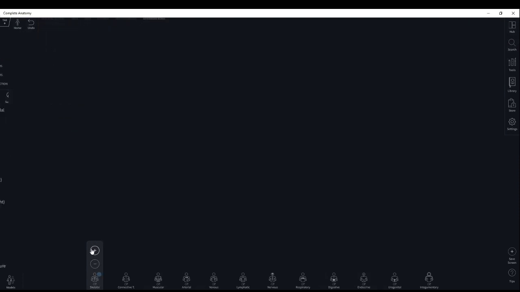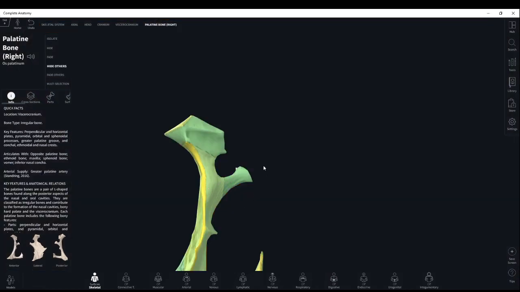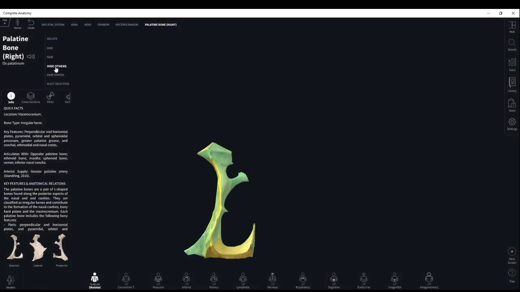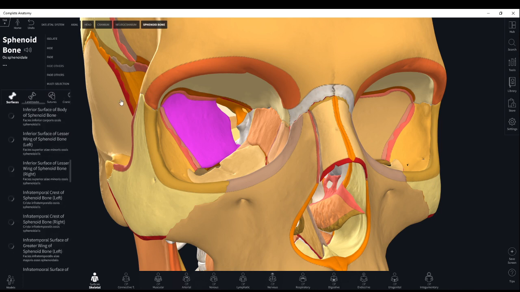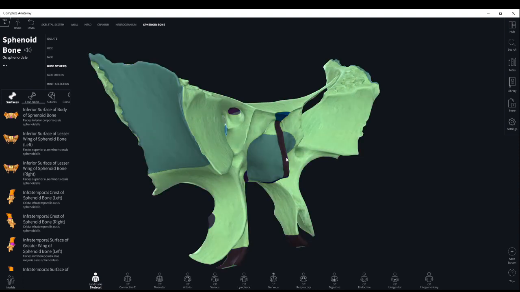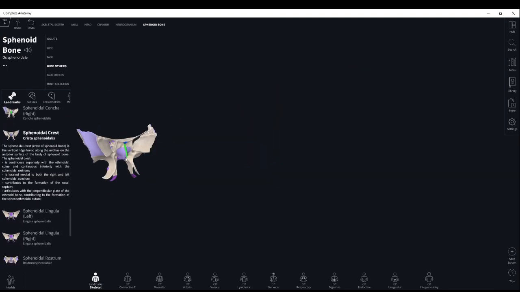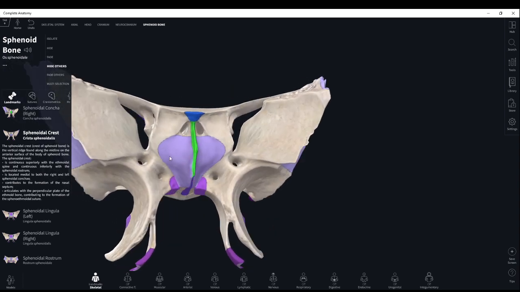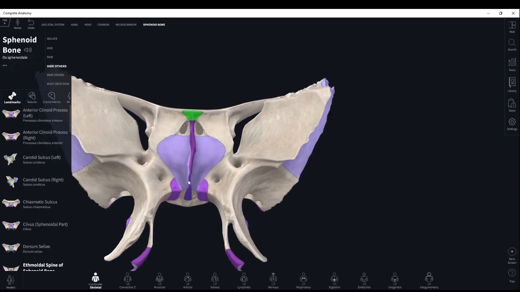In the midline of these two, you can see the crest, which projects forward and is named the sphenoidal crest, which ends in the rostrum of the sphenoidal bone.